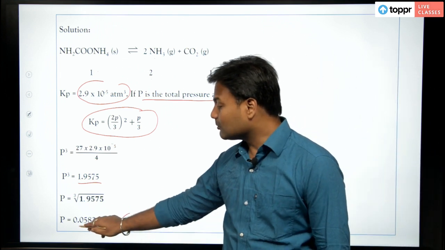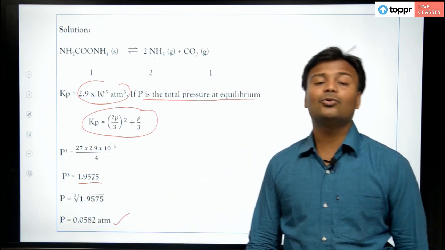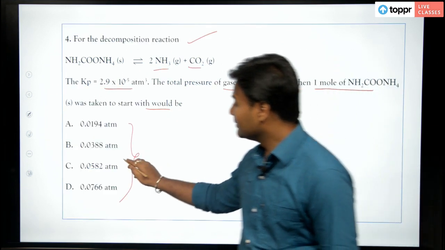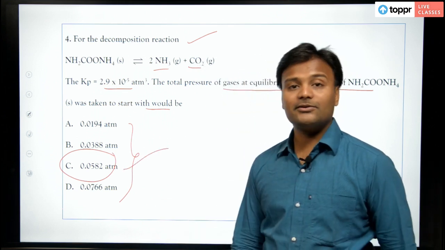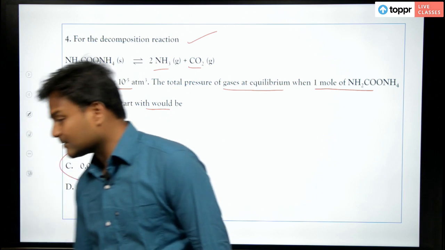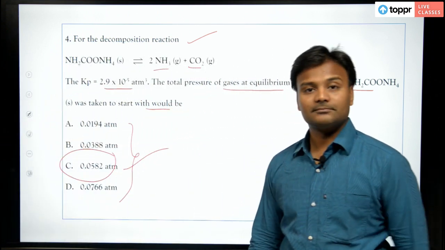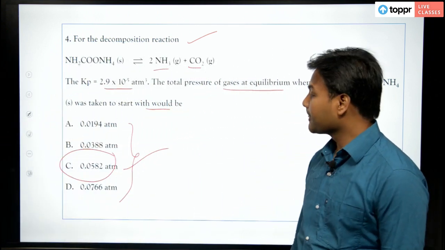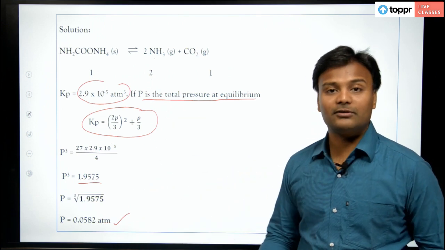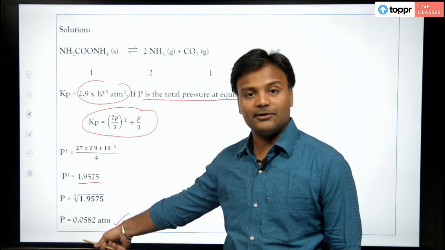You have 0.0582 atmosphere. Look at this, 0.0582. Is it clear to you guys? This is how you have to follow the substitution to find out the P value.